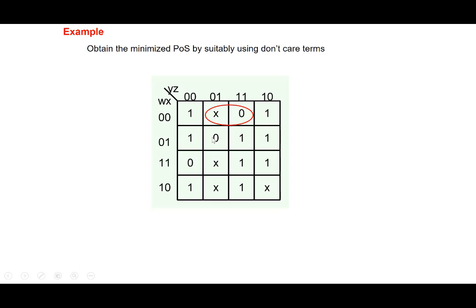We have another 0 here and we would like to combine it with something here. Fine. And we could also combine it like this with this x here. So this 0 we can cover by combining with a larger group here. Okay, so we can write down each one of them and we'll get this final value here.